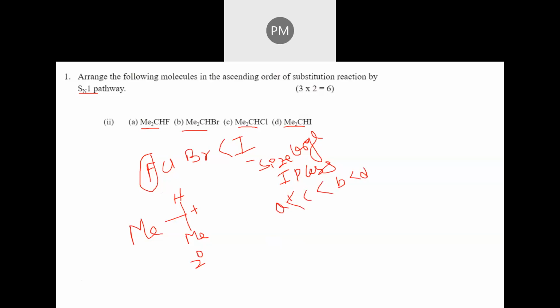So for SN1, we have to remember two things.